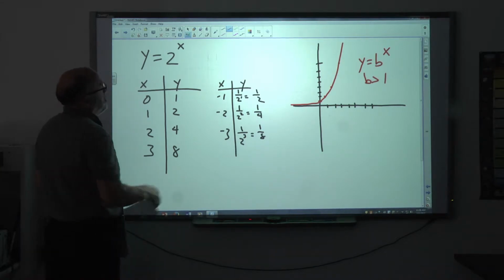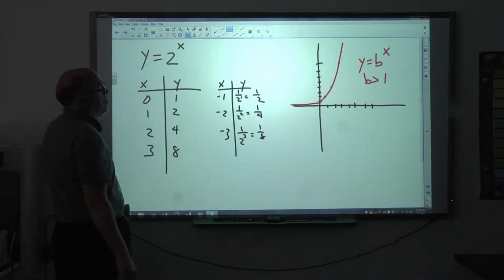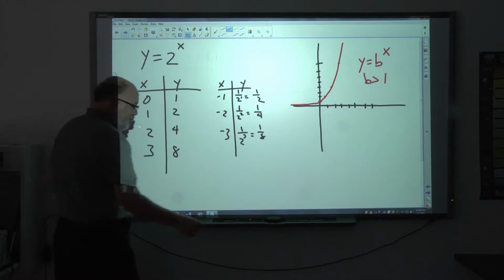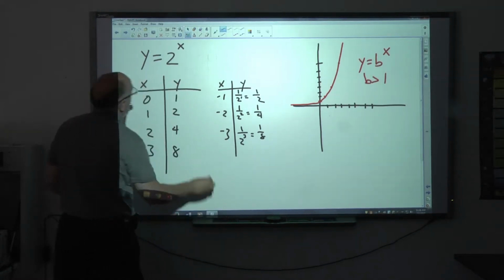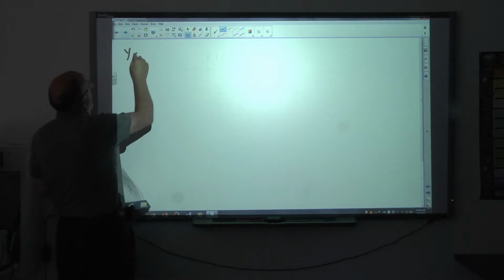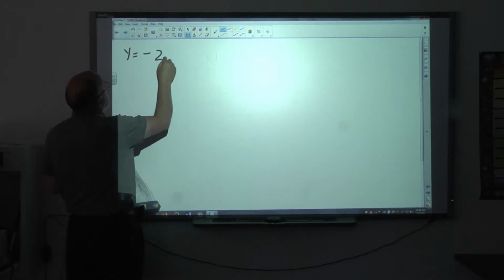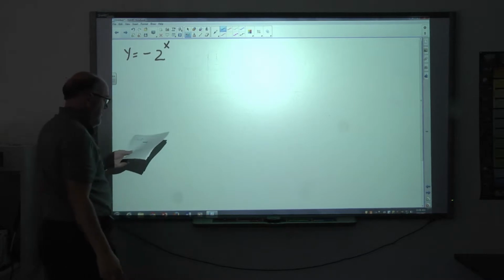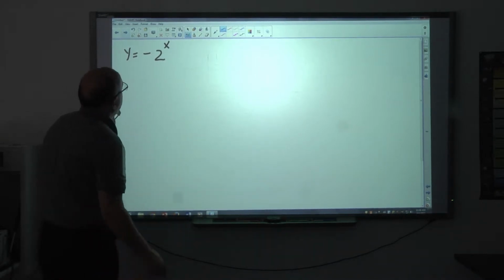Well, in terms of this graph, we can do things with it as far as changing the way it looks a little bit. For example, if we graph y equals minus 2 to the x, we ask, what does that do to my basic shape?